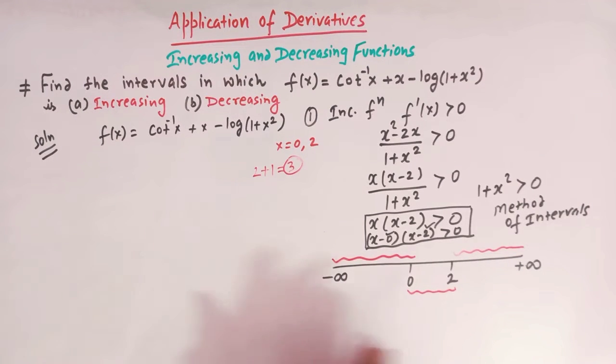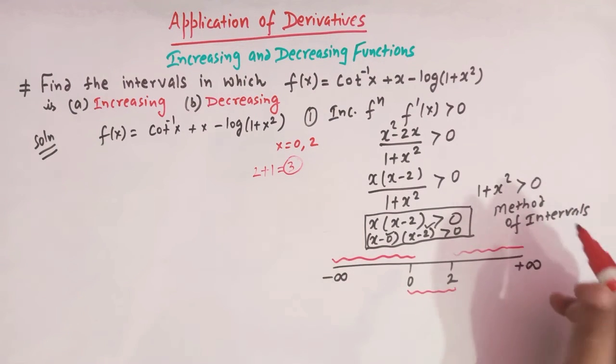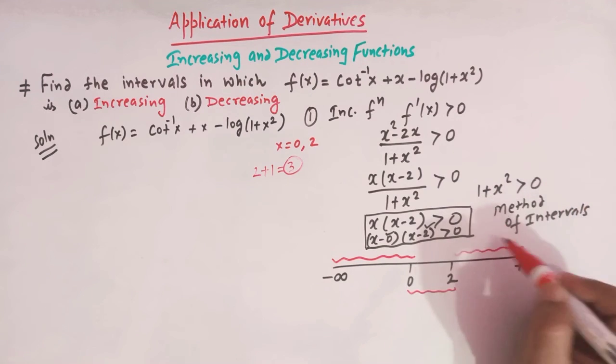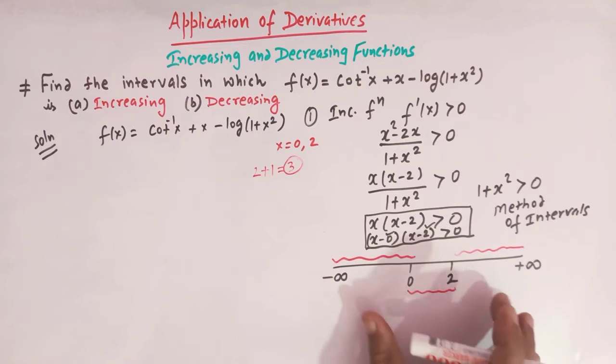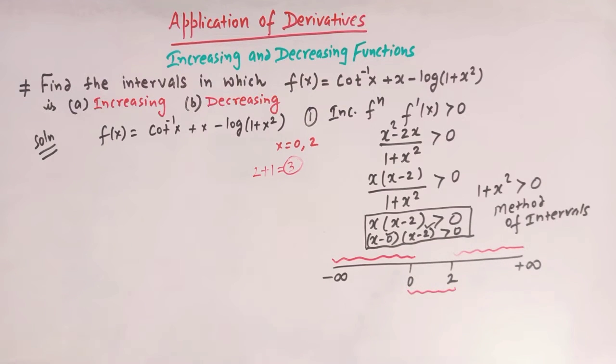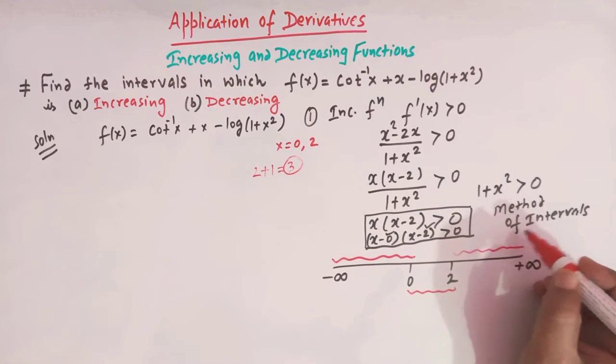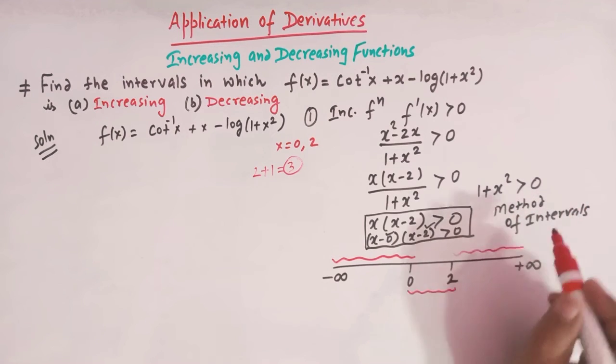Okay, and here let us first quickly revise the method of intervals, because we can directly write the intervals here, but just for the sake of new learners, we can quickly revise this method.